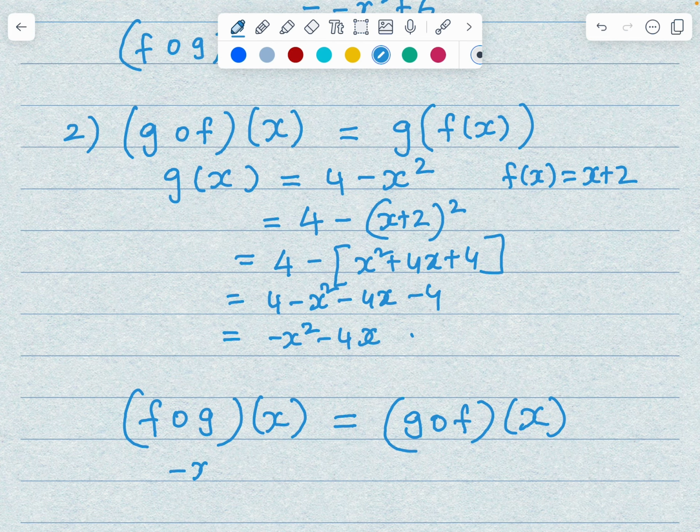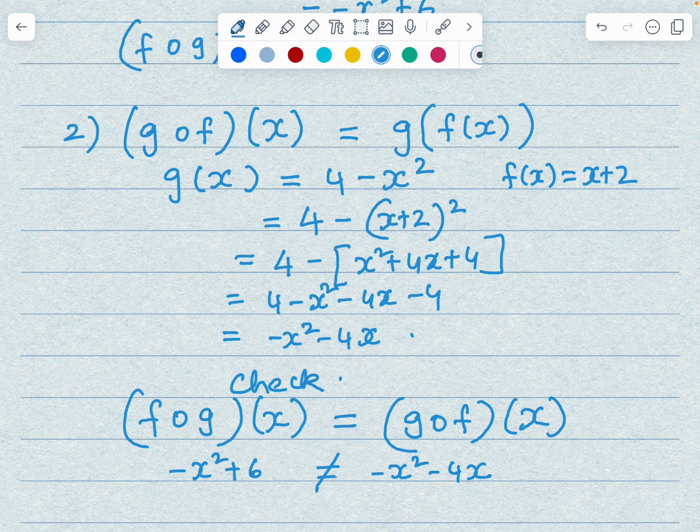We got minus x squared plus 6, which is definitely not equal to minus x squared minus 4x, right? So this is just a check. Sometimes you'll be asked to check. And here the two are not equal. So this is as far as composition of functions. It's pretty straightforward.